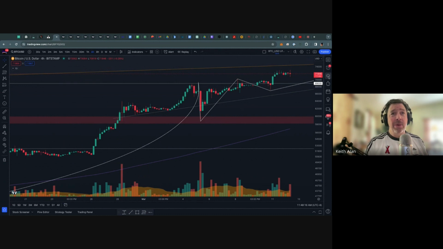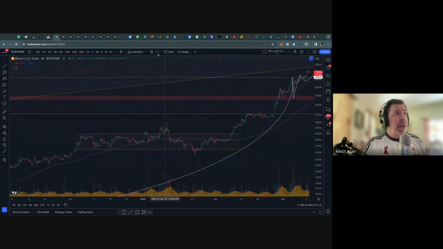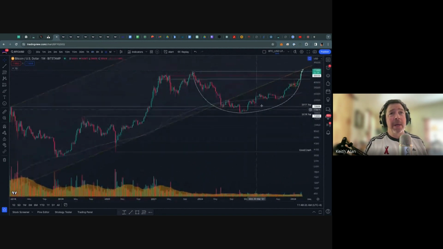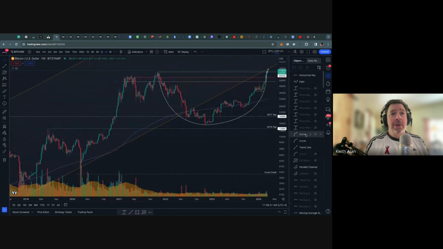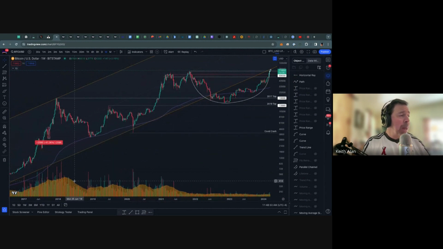And history has shown us that there's certainly plenty of history of large pullbacks happening in bull markets. And I'll go ahead and show you some of those. I've got to zoom in more. Okay, here we go. This is back to the 2017 run. That was a 40% pullback in the bull market.